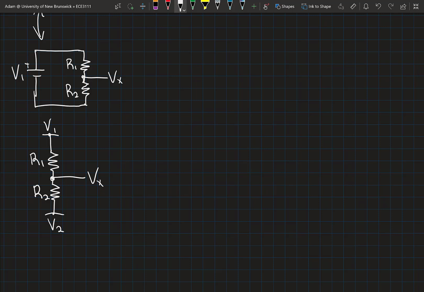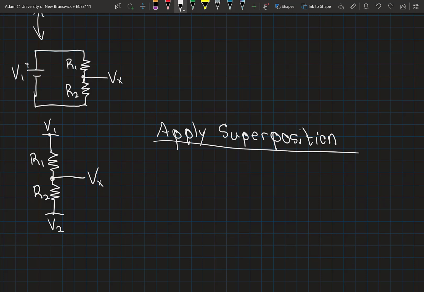Since this is a linear circuit, we can apply superposition to calculate the voltage at Vx that results due to each of the sources V1 and V2 individually, and then add the results.